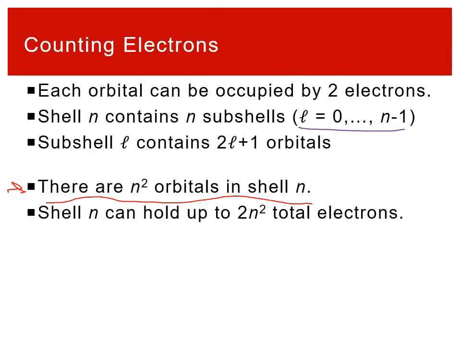But when we talk about actual electrons, shell N can hold up to 2N squared electrons. That maximum number is like a roof, or a ceiling, on the total number of electrons you can get in there. But you can have less than that. That's a maximum occupancy. Shells and subshells can be empty, or less than fully occupied.